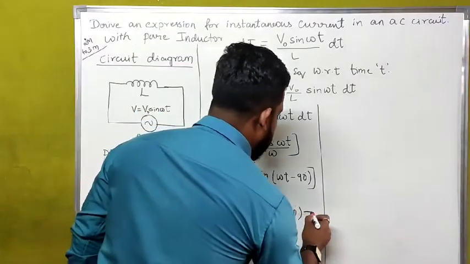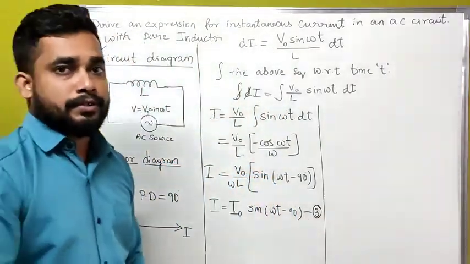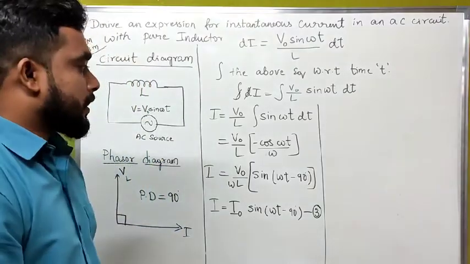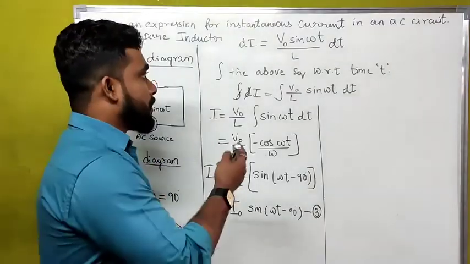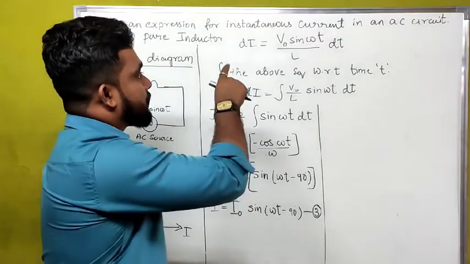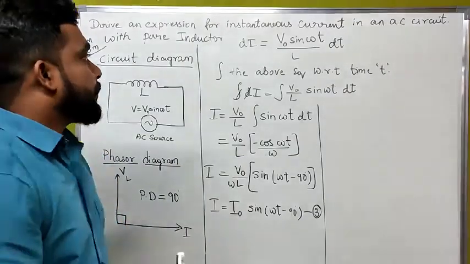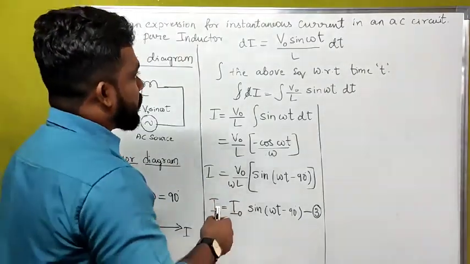Let us assume this as equation 3, because we have equation 1, V is equal to V0 sin omega t, and equation 2, di is equal to V0 divided by L into sin omega t dt.